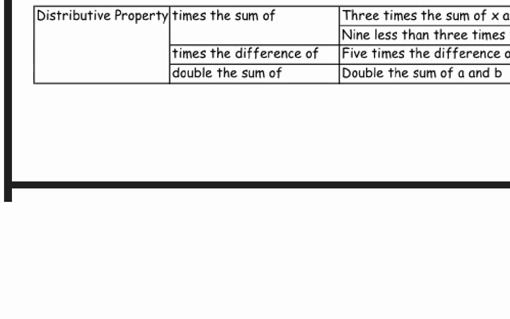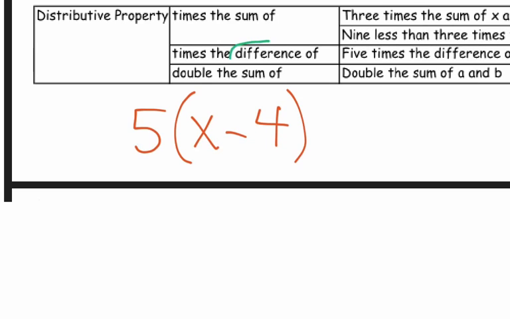And the next one says times the difference of, so that might look something like 5 times x minus 4, okay? Because difference means subtraction, and so we have to have a subtraction problem. And if it says times the difference of, then you have to have the parentheses.